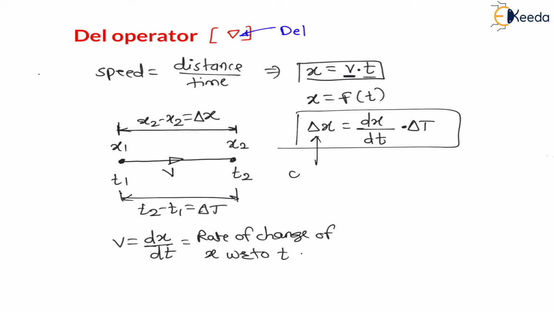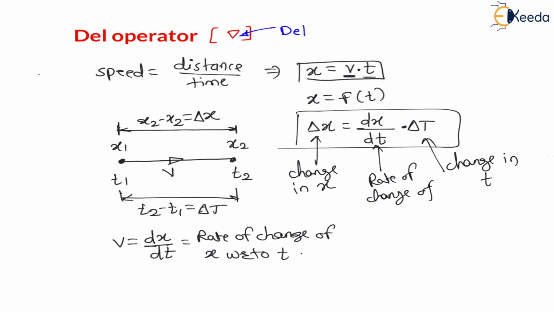Therefore, this is change in x, this is change in time, del t, and this is the rate of change of x with respect to time, right? So my dear students, understand how I have written here.